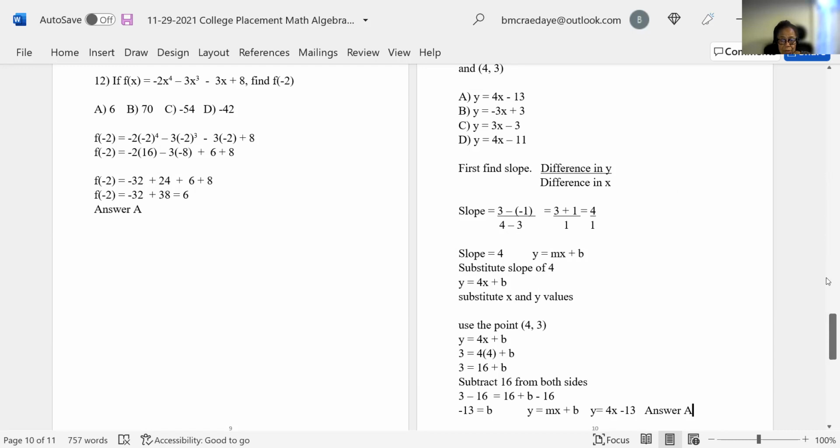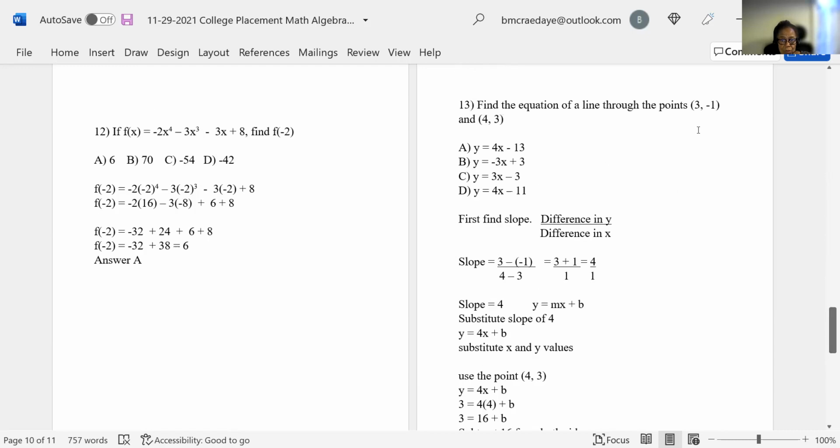But either one you can use. You use the 4, 3, or you use the 3, minus 1. 3 for the x, minus 1 for the y, or 4 for the x, 3 for the y. Then your only unknown is your b. And once you solve for b, then you have your whole slope-intercept equation where you have the slope and you have the y-intercept.